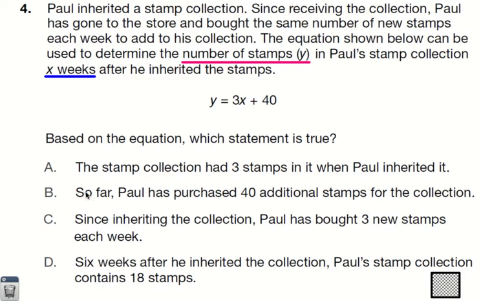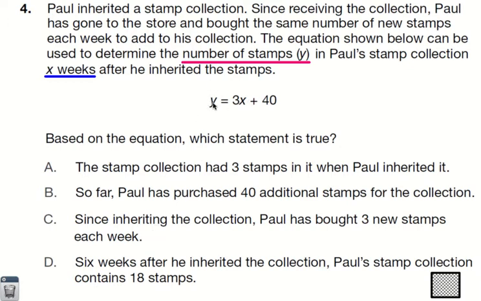We gotta be sure. So choice B: so far, Paul has purchased 40 additional stamps for the collection. No. Let's look at this equation again.